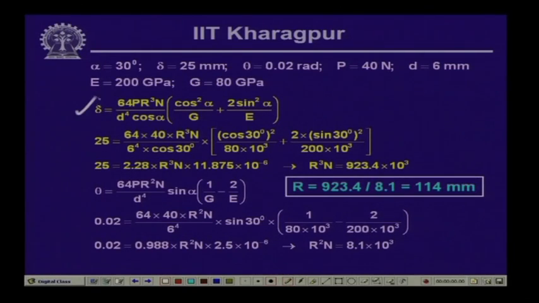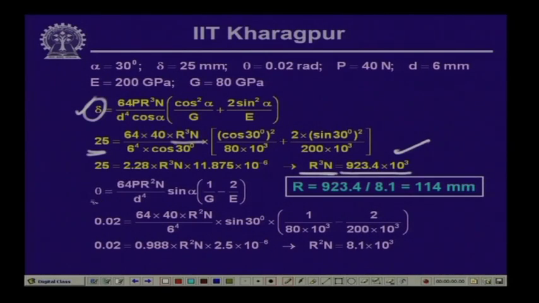Now, if we look into these values, delta is given as 64 P r cube n by d to the power 4 cos alpha times cos square alpha by G plus 2 sin square alpha by E, and since the limiting delta is 25 millimeter, if we substitute the values except r and n, which are not known, then we get the value of r cube n as equal to 923.4 into 10 to the power 3.